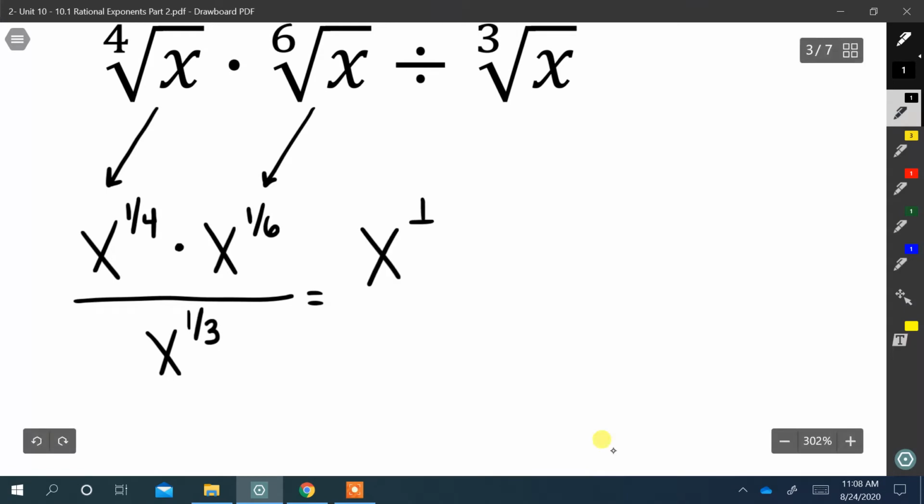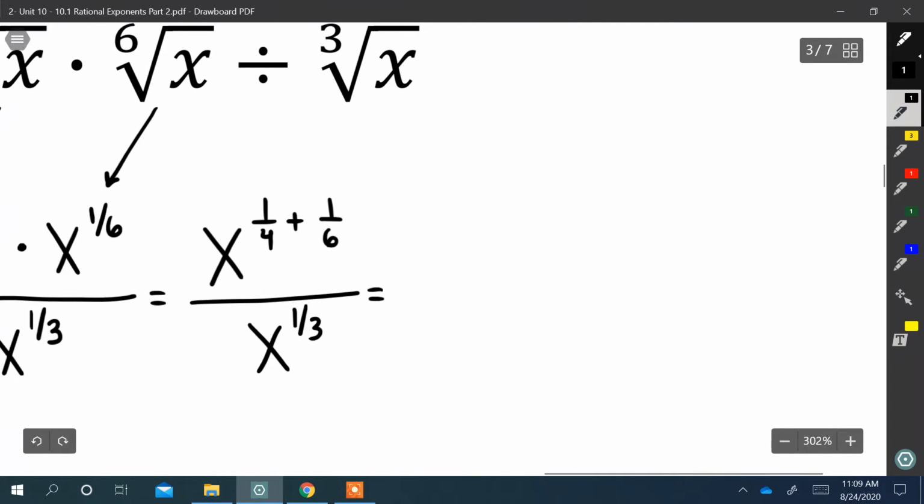So we have to do 1/4 plus 1/6 over x to the 1/3. All right, so let's cross multiply, and we will get 6 times 1 will be 6, and then 6 times 4 is 24. We get 4 and then 24 again.